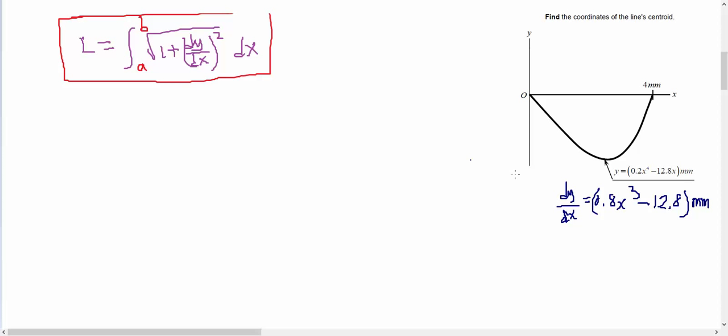So now we plug that in here. Well, what are our limits? Our limits are from 0 to, sorry, to 4 actually.